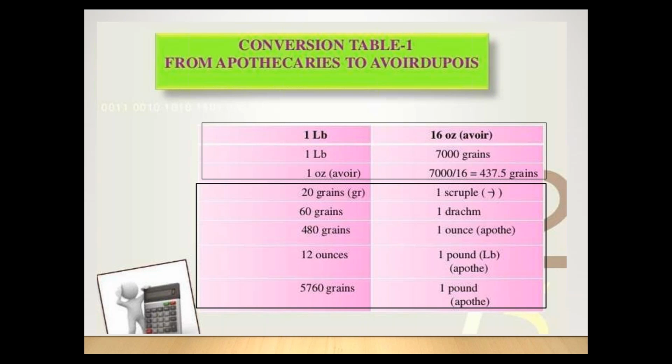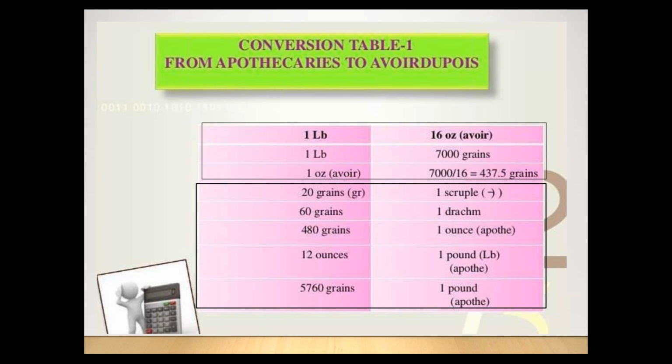So how do we convert? In the first table, 1 pound, in the avoirdupois system, is equal to 16 oz, and 1 pound is also equal to 7,000 grains.